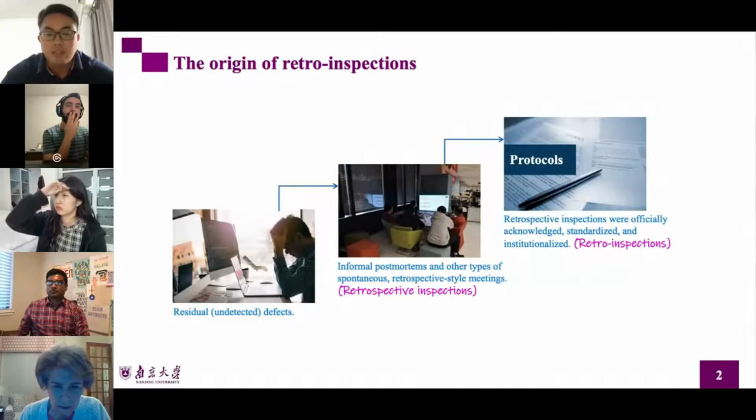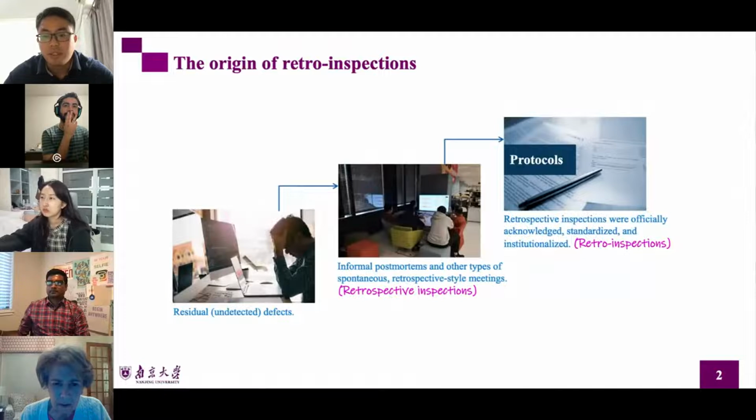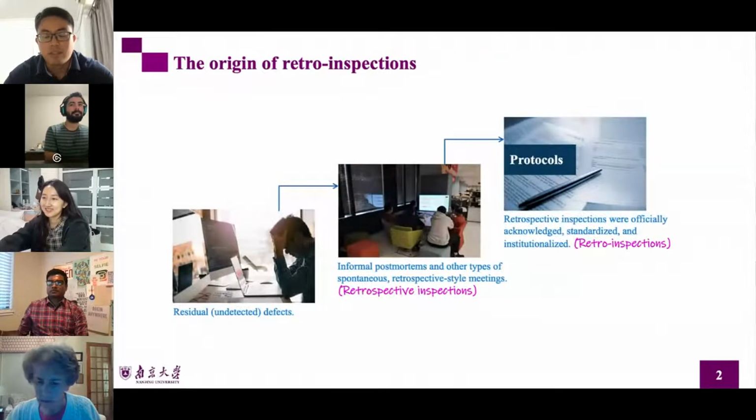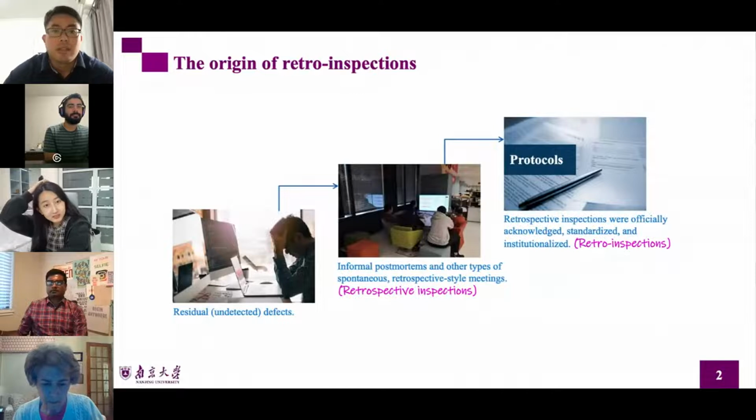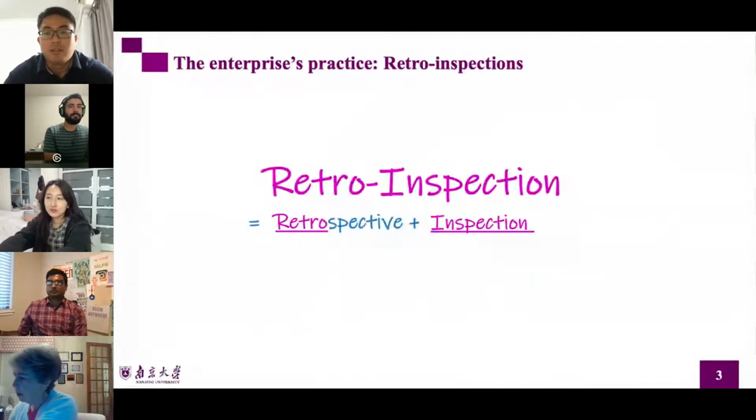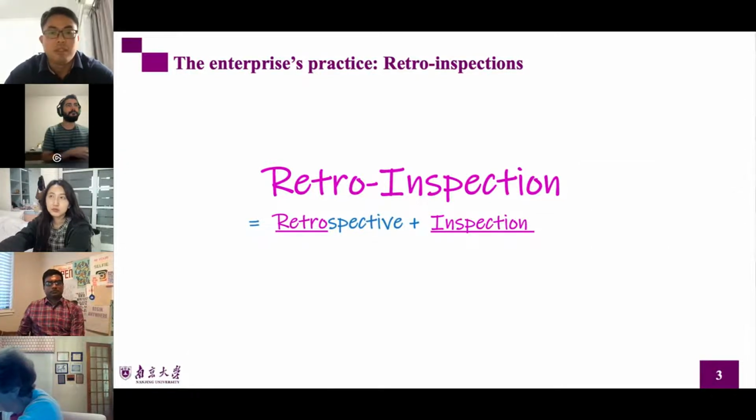Having surveyed pilot teams and discussed with the QA and audit divisions, this practice was officially acknowledged and standardized. Finally, this enterprise has officially institutionalized such a retrospective-style inspection, namely retro inspection, as a means to reinforce the quality of code delivery, especially to improve future coding quality, and to foster developers' awareness of quality concerns.